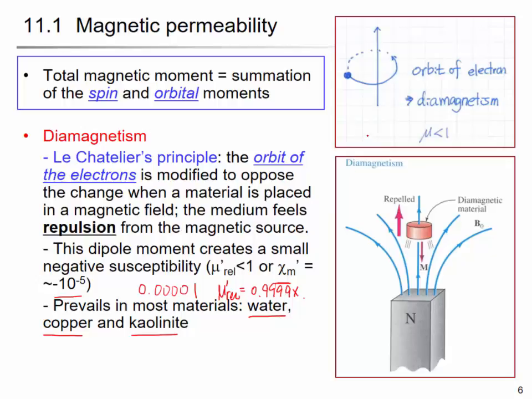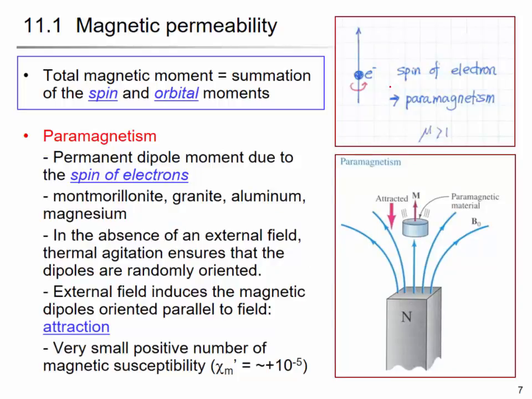So the orbit of the electron governs the magnetic property in this diamagnetic material, and the paramagnetic material is the opposite. So when you apply the external field, it induces an attraction force. The external field induces the magnetic dipoles oriented parallel to the field, and it generates the attraction.